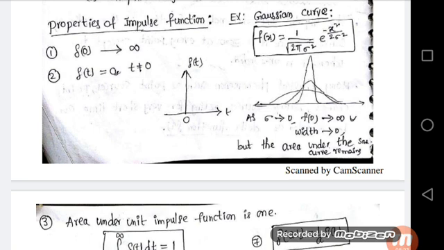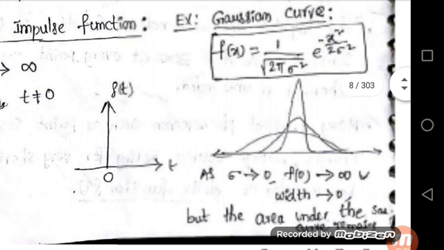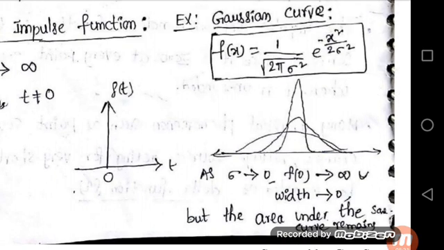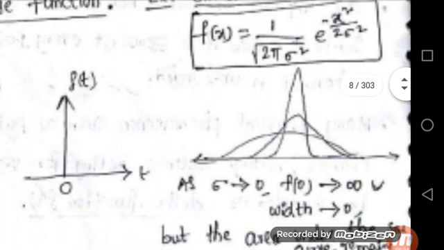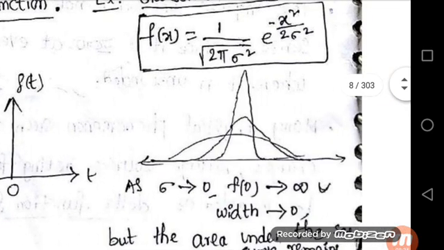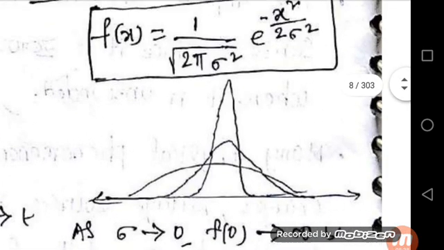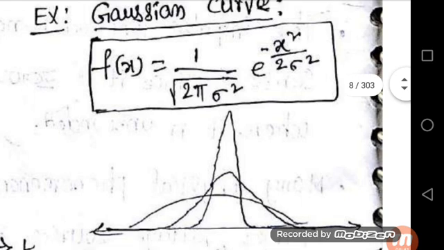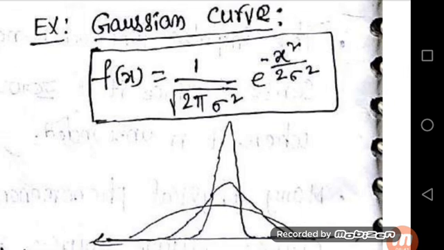For example, the Gaussian curve. When we look at the diagram below, this is the Gaussian curve, and the formula for the Gaussian curve is f of x equal to 1 by root of 2 pi sigma square, e power minus x square by 2 sigma square.